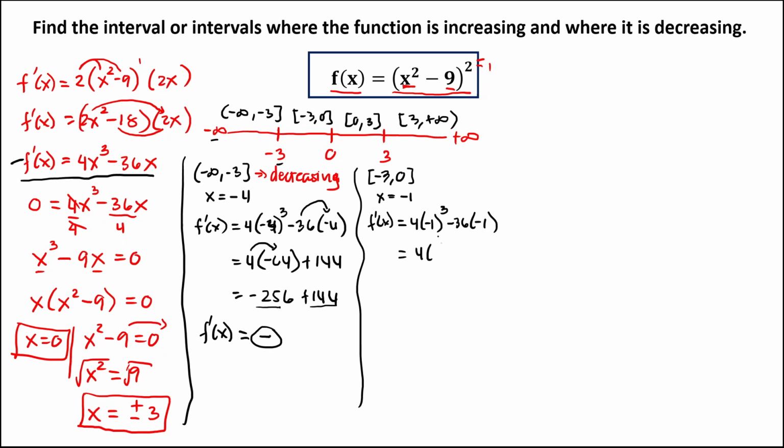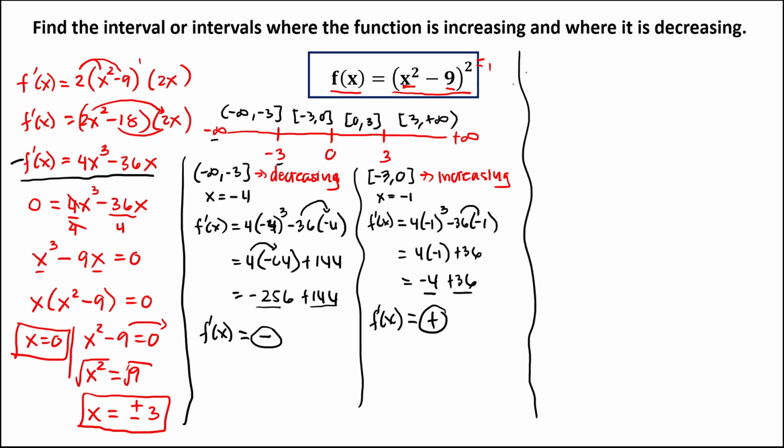This becomes 4 times negative 1, positive 36, which is negative 4 plus 36. So the first derivative equals negative 4 plus 36, and the result is positive. Therefore this function is increasing.